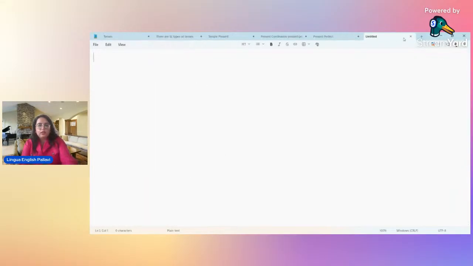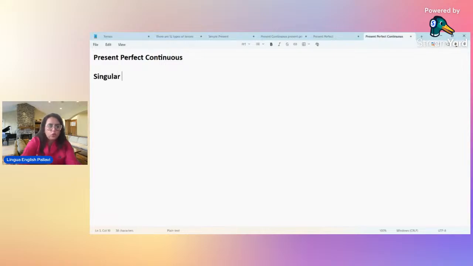Now the next one is present perfect continuous. So today we are going to learn this tense, that is present perfect continuous. This tense we don't use that much, but still we use it at some places.